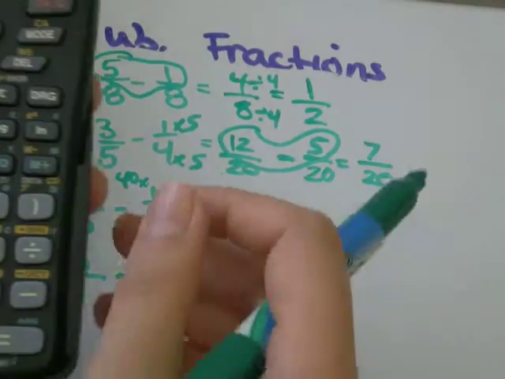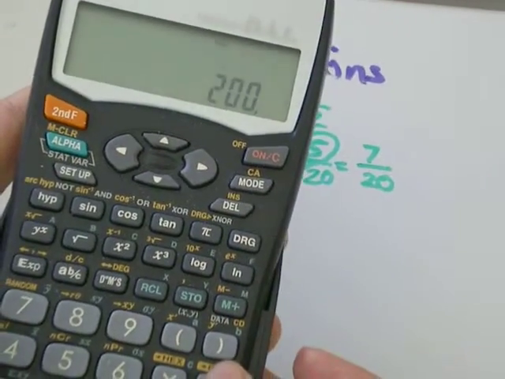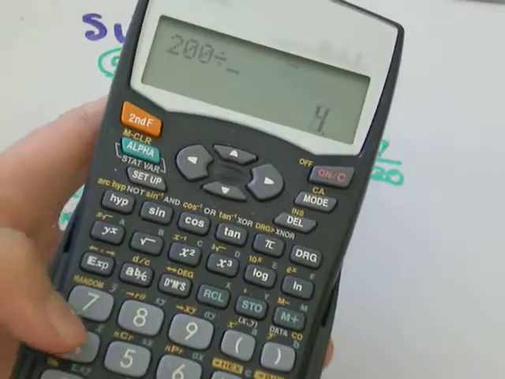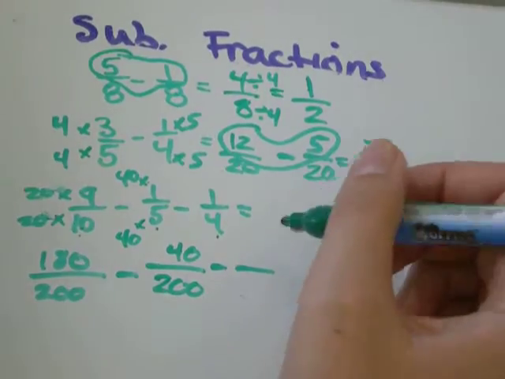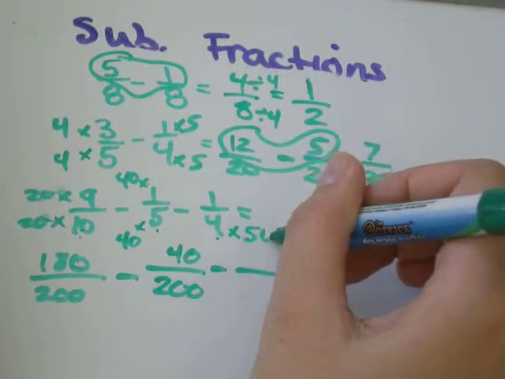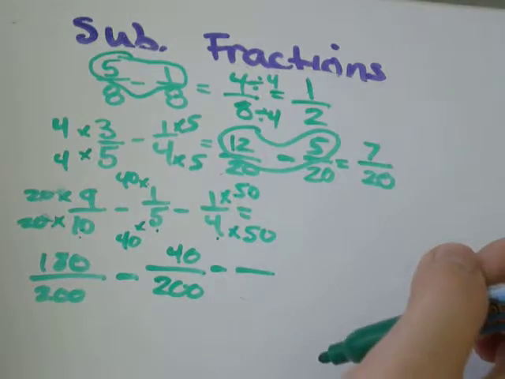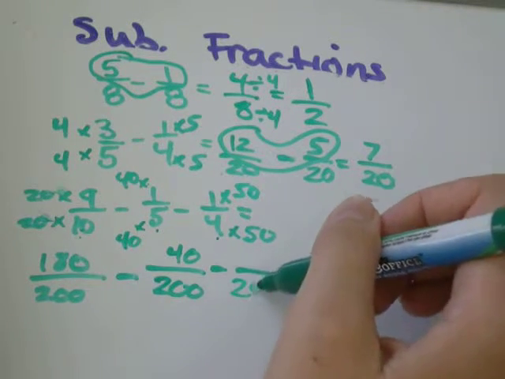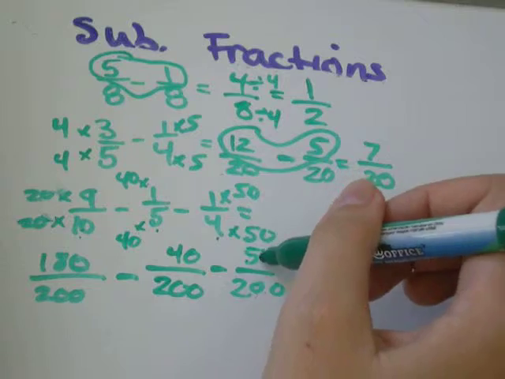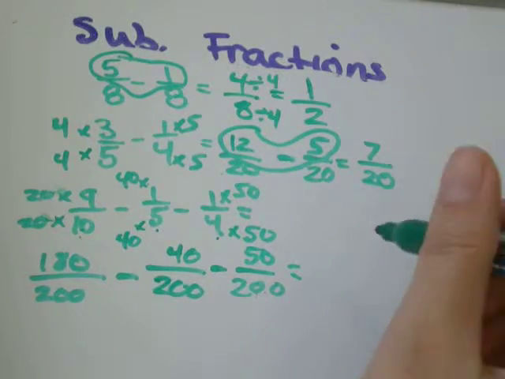If you're not sure, just take your calculator, go 200 divided by 4, it's 50. So I'll multiply top and bottom by 50. And I'll get 200 on the bottom, and 1 times 50 is 50 on the top.